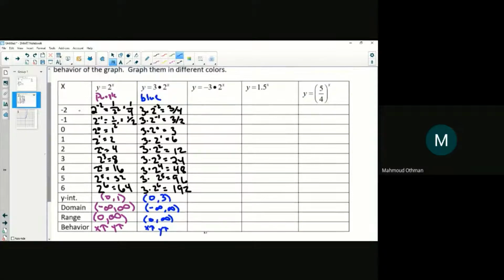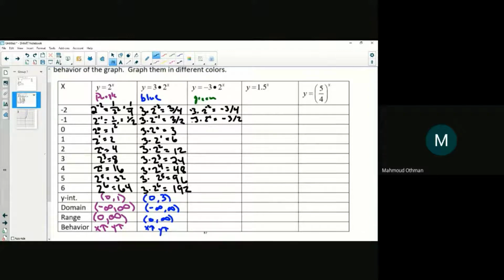Now let's take a look at this function right here. Will this one be green? And let's see. Again, we did the legwork already. So -3 times 2 to the -2 is going to be -3/4. -3 times 2 to the -1 equals -3/2.